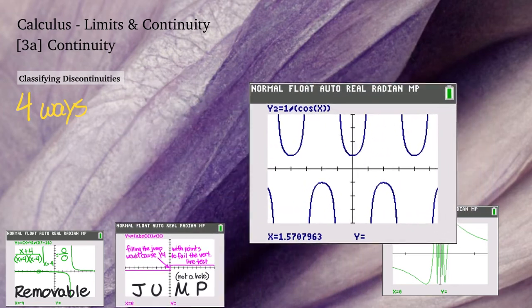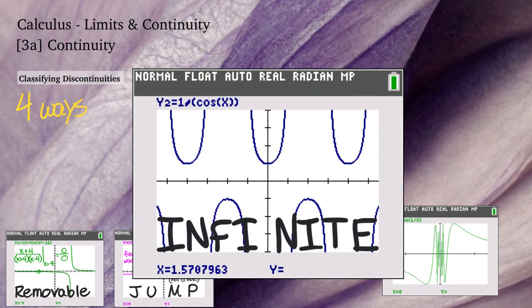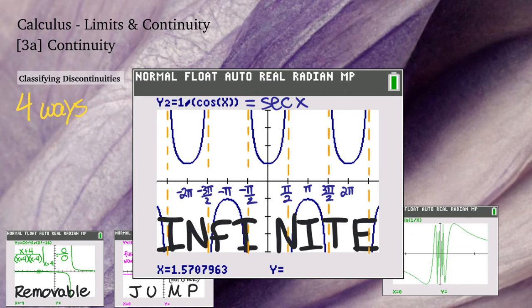The third type of discontinuity is an infinite discontinuity. Here we have the secant function, which is 1 over cosine x. I use zoom trig for this window, so each tick mark represents a shift of pi over 2. So at every odd pi over 2, we have a vertical asymptote.